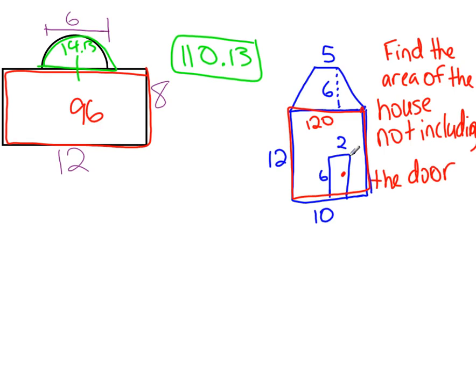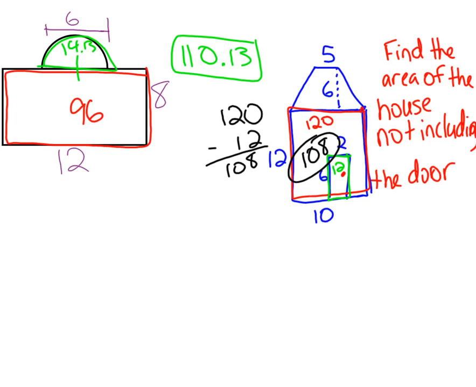So what is the area of this door? 12. So we have to subtract one from the other. So the area of the bottom part, not including the door, would be 108, because 120 minus 12 is 108. Okay? So that's part of our answer.